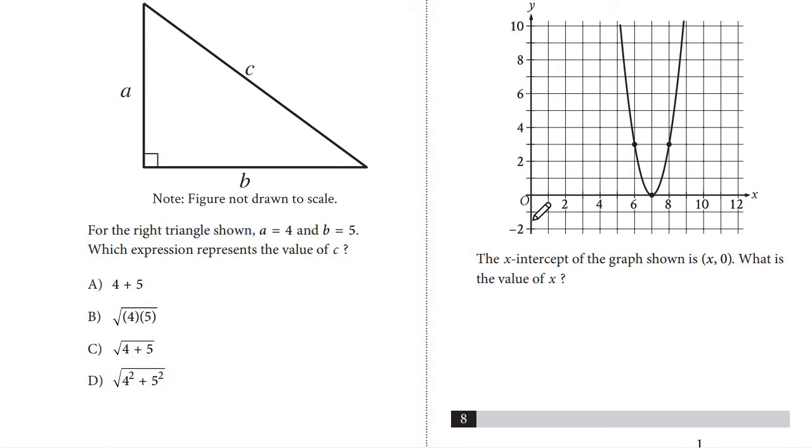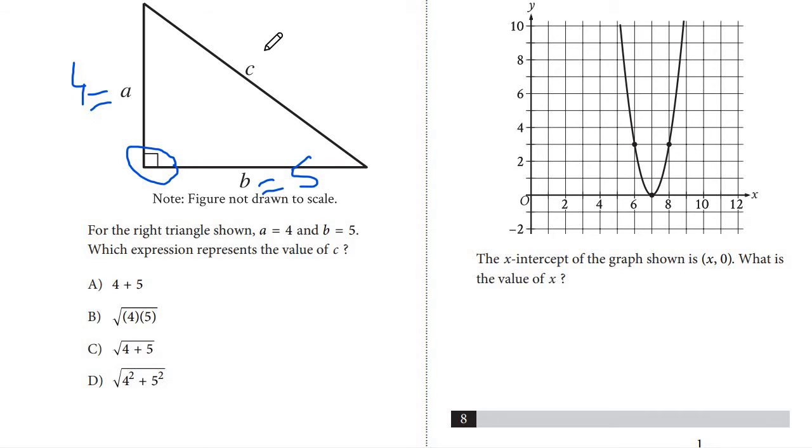Question 5 gives us a right angle triangle. That means we can use our formula, a squared plus b squared is c squared. They labeled it for us already, and they give us values. So this is 4, this here is 5.